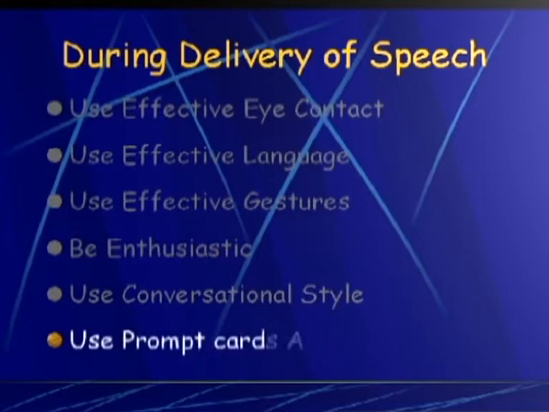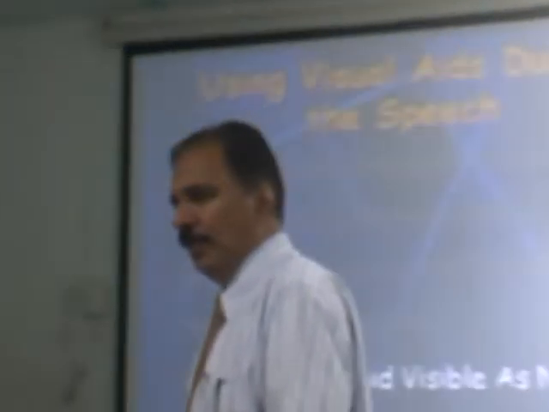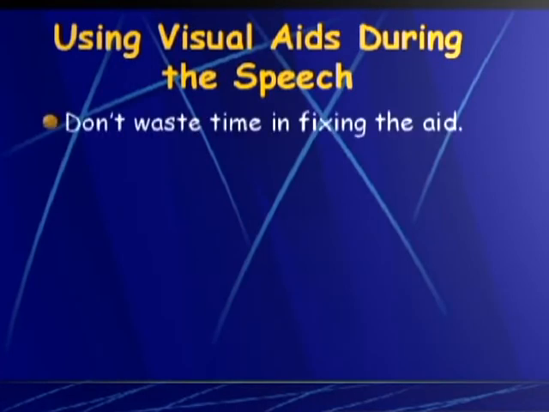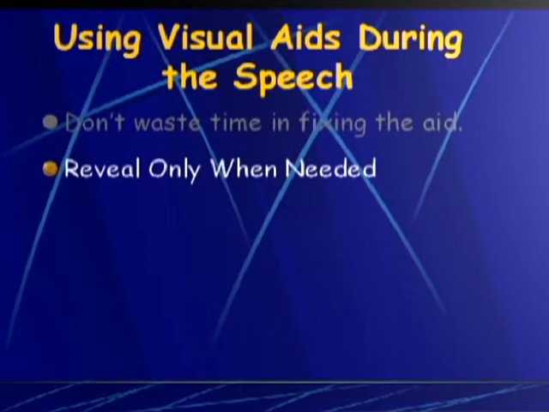And finally, using some visual aids is also important. Don't waste time in fixing the aid. See that it's already in order. And while some of the presentation which is available with you may not be needed, it can be revealed only when needed.